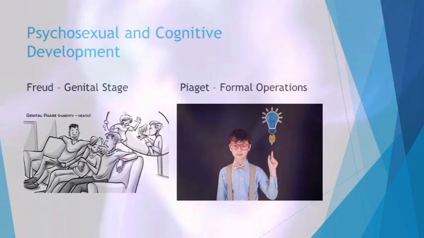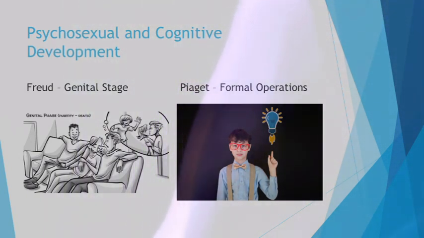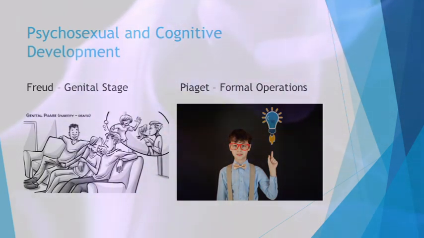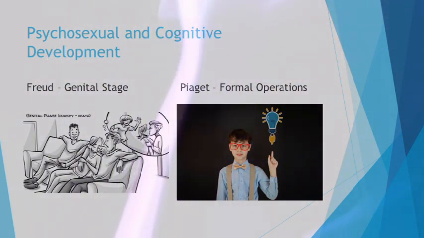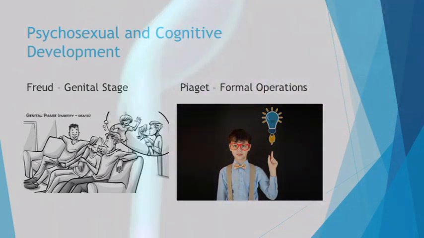And that is because of this massive change within the neurobiological structure, particularly of the prefrontal cortex. And so Piaget's theory highlights the importance of intellectual maturation and the capacity for abstract thinking in shaping adolescence.